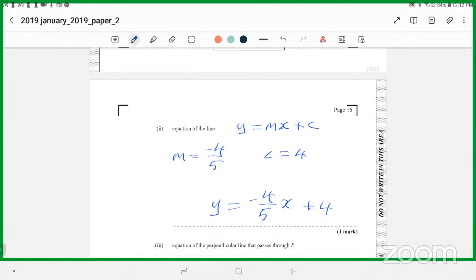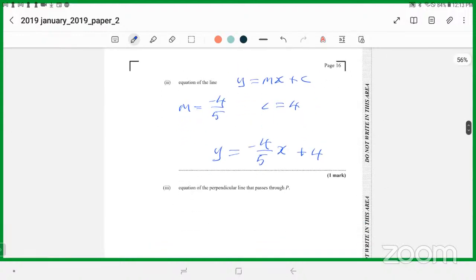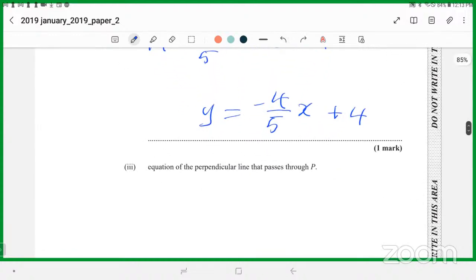Good? Another one mark. Next one says we have to determine again the equation of the perpendicular line which passes through P. A perpendicular line has a negative reciprocal gradient. So if this is the gradient of the original line, I want a perpendicular line, it has a negative reciprocal gradient. Let's call this other line, line 2. The gradient of line 2 equals minus 1 over the gradient that we have.